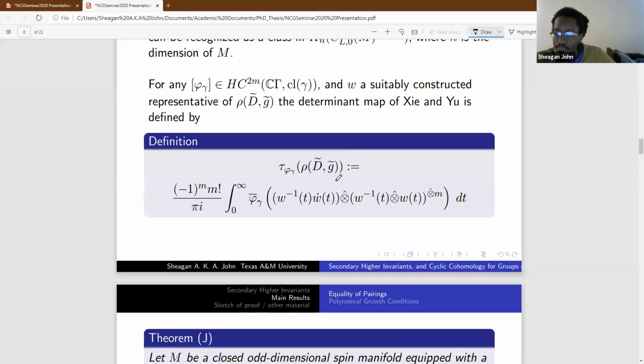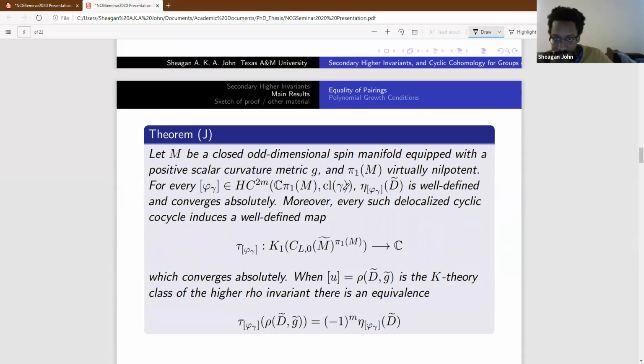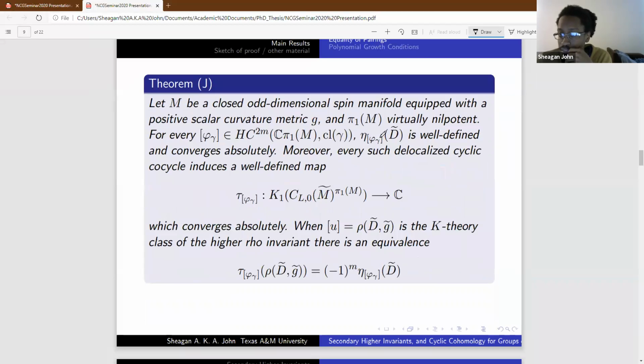So the main theorem, or my main result then, is going to be the following: if we have a closed odd dimensional spin manifold, equipped with a positive scalar curvature metric, and we put a particular growth condition on the fundamental group, that is, the fundamental group being virtually nilpotent, or as proved by Gromov, that's the same as it being of polynomial growth, then both our delocalized higher eta invariant, as well as our cyclic cocycle pairing with the higher rho invariant, converge absolutely.